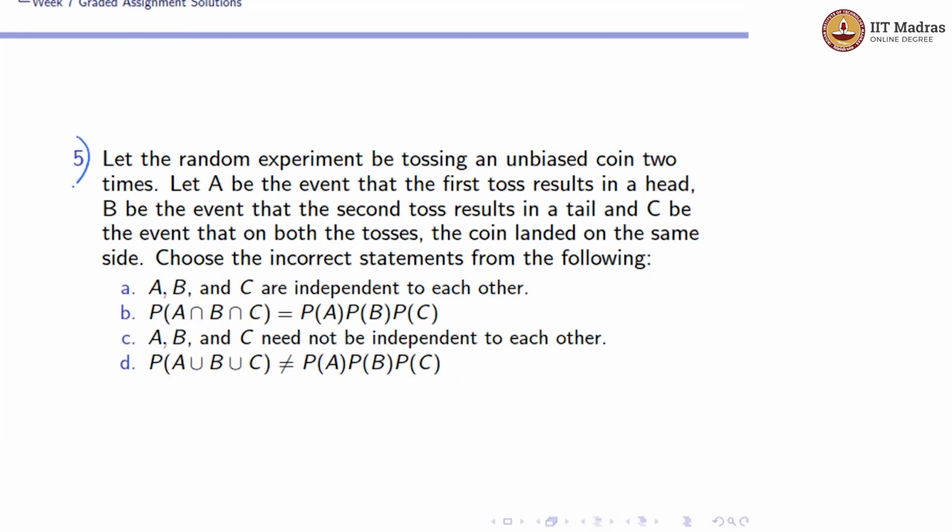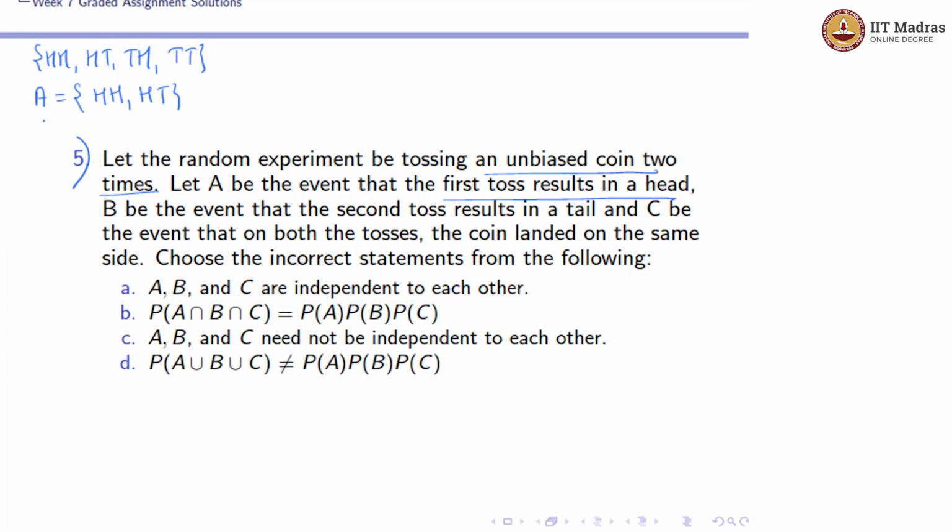Question number 5. Let the random experiment be tossing an unbiased coin 2 times. So we are tossing 2 coins, and our outcomes will be HH, HT, TH and TT. Event A is that the first toss results in a head, so event A will be HH and HT.